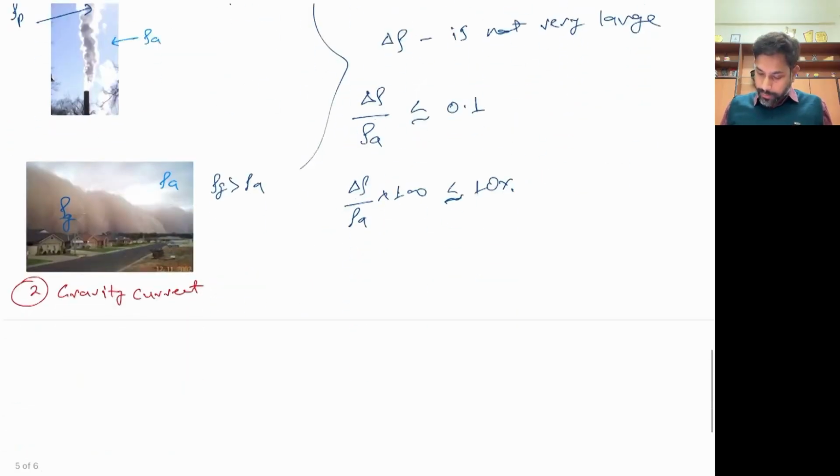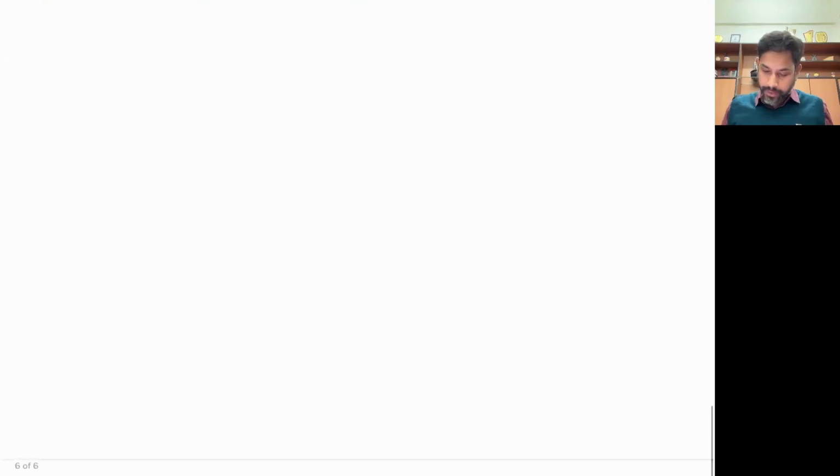So going back to the same governing equation that we used, let's rewrite those equations. So in this case now we will not assume an incompressible flow.